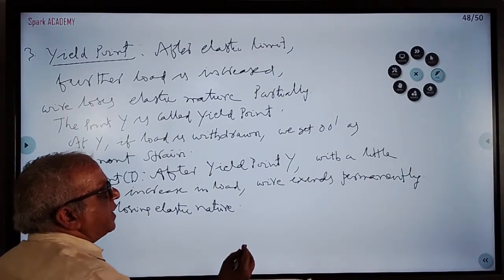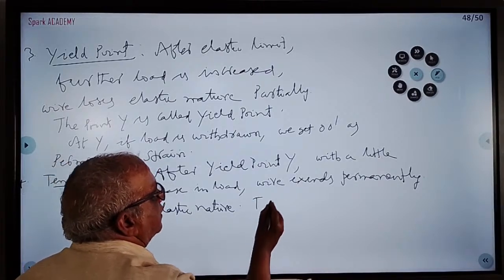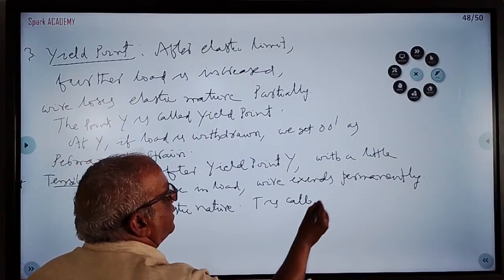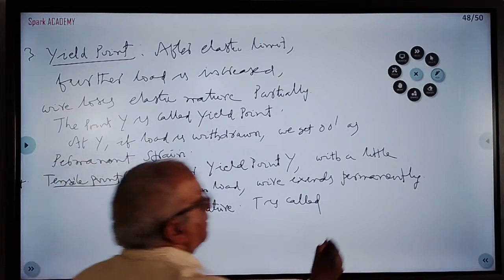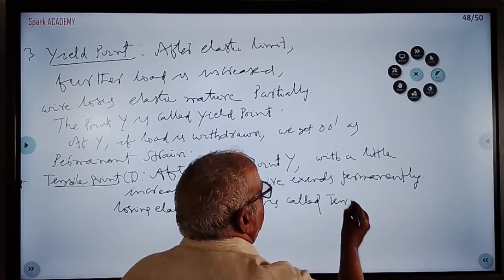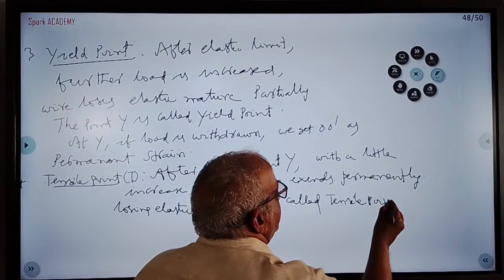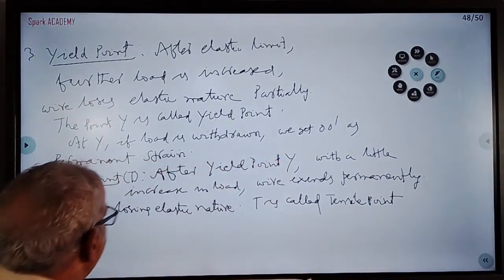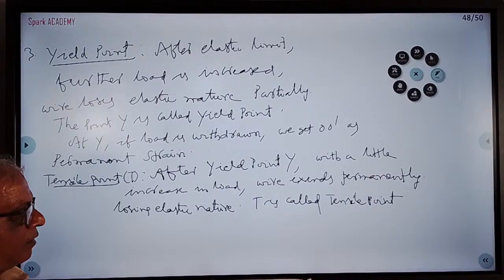T is called the ultimate strength of the material, the tensile point. This is the last tensile point.